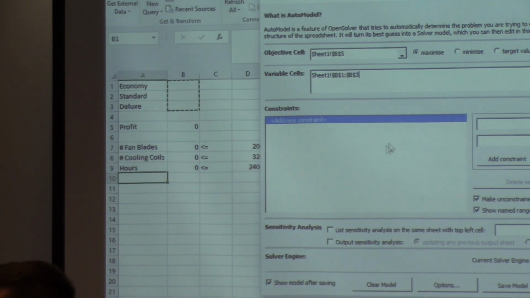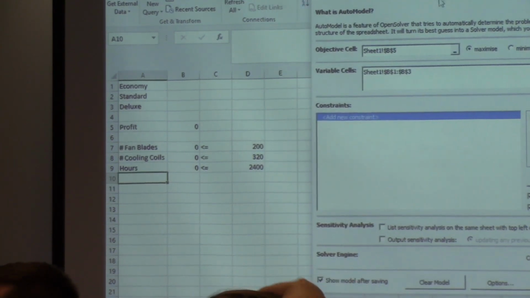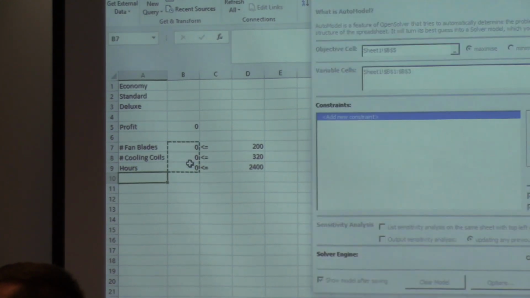And then our constraints. On Wednesday last week, I showed entering each constraint one by one. But I want to show you a little bit faster way that we can do it. I can put the left-hand side of constraints here, and they're all less than or equal constraints.